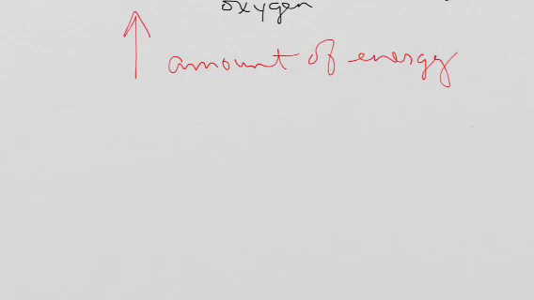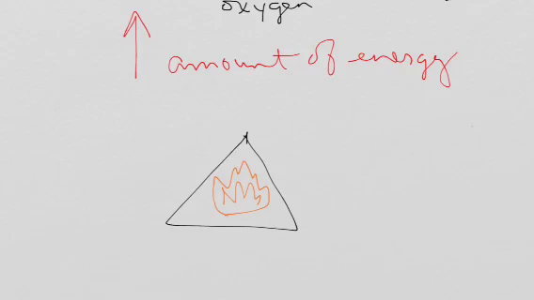All right? So if we look at our triangle here, we'll call this our triangle of fire. All right, we'll draw a little flame here, make it nice and pretty.